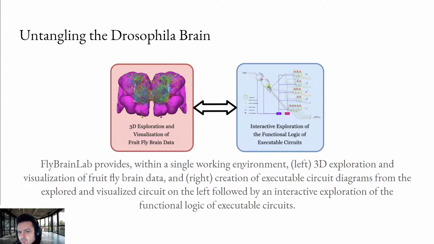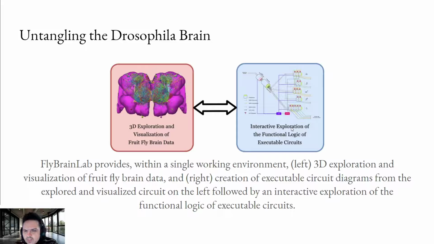For the fruit fly Drosophila, recent releases of large-scale connectomics and synaptomics datasets have started to enable us to explore neural circuits in unprecedented detail. We have created the FlyBrainLab open source interactive computing platform for studying the function of executable circuits constructed from such data.